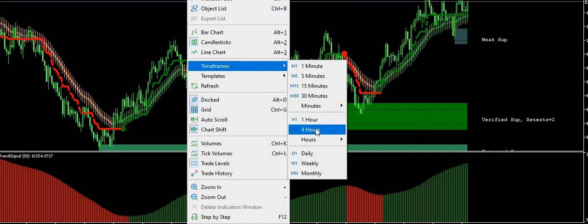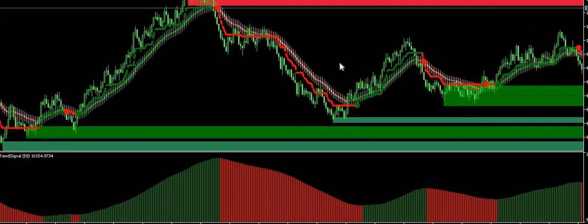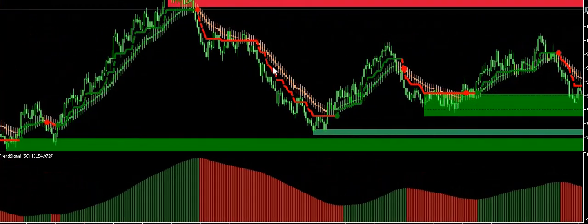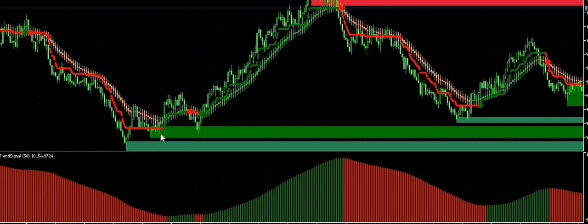We're on our 4 hours time frame. So let's check what this market is actually doing. For one, you can see that this market is actually bullish. You can see.